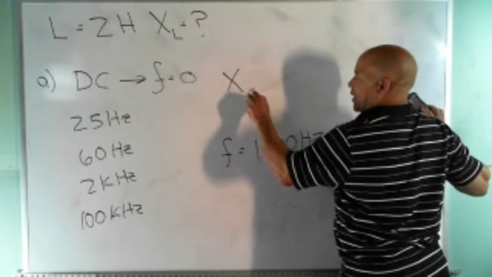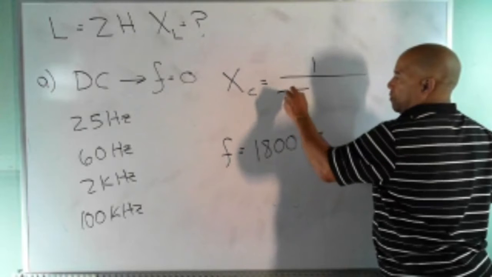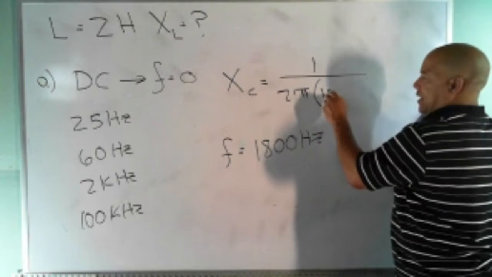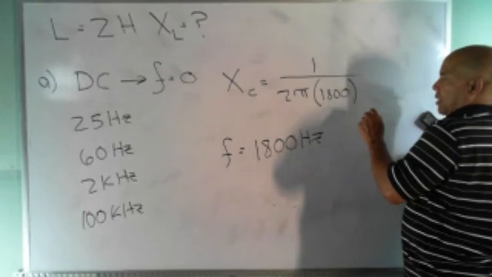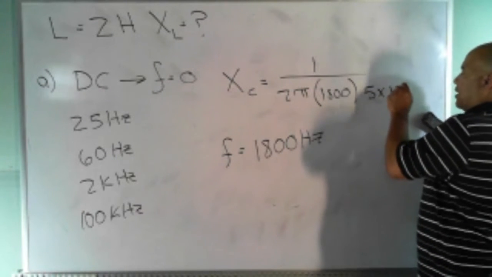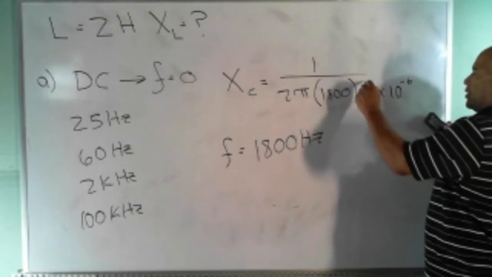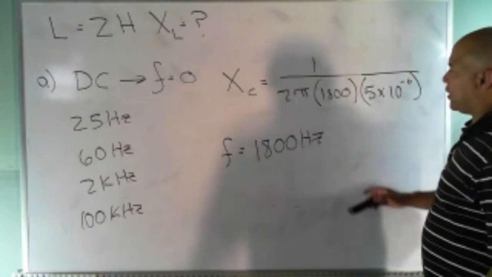So for this, XC is 1 over 2 pi, now we have 1800, I'm going to leave the units off, hertz, and then C was 5 times 10 to the minus 6 farads. So let's go ahead and put that in your calculator. Let me know what that is at 1800 hertz.